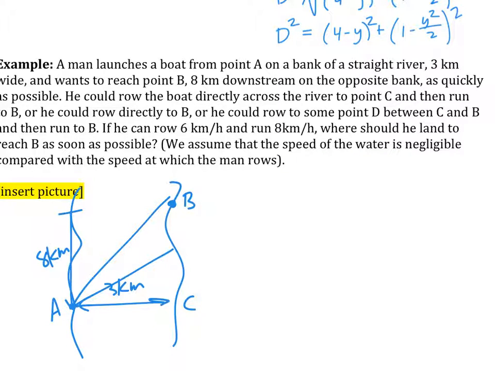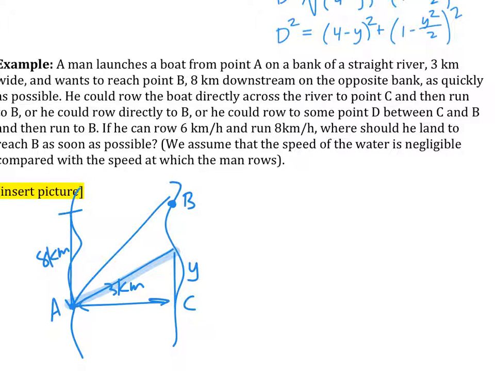To do that, we have to find how far he is going to row and how far he is going to run. The amount he is going to row has to do with this diagonal. This is 3, and this is some y.